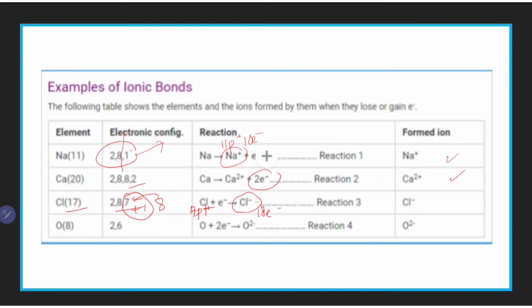For oxygen, with 6 electrons in the outer shell, it must receive 2 electrons to become a 2 minus ion, an ion with charge of minus 2.